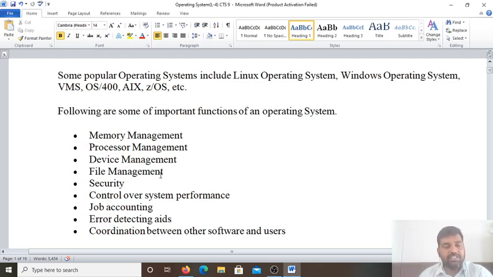When the operating system is loaded in memory, the kernel loads first and remains in memory until the operating system is shut down. As you see, my laptop is open and running, so until I close it, the kernel will be in the RAM, in the memory of the computer. The kernel provides and manages the computer resources and allows other programs to run and use these resources.